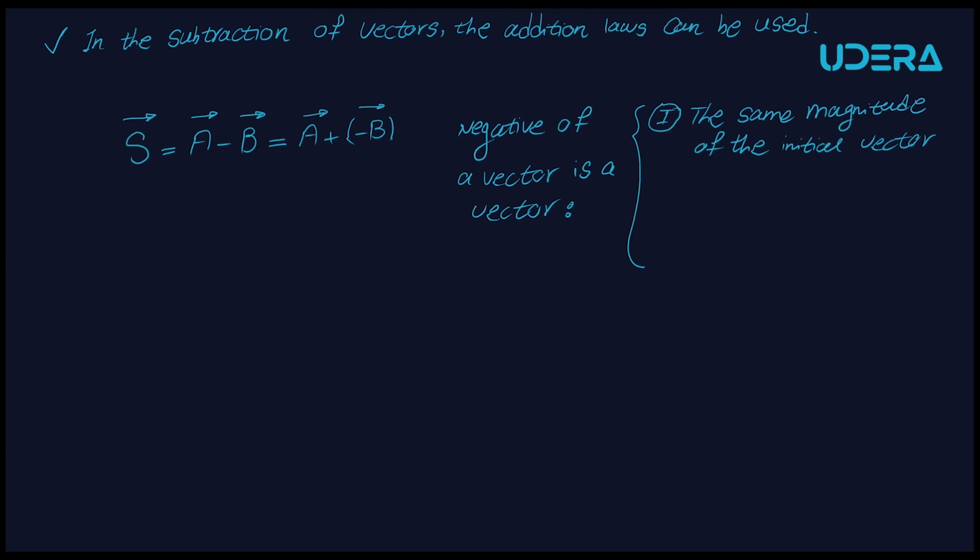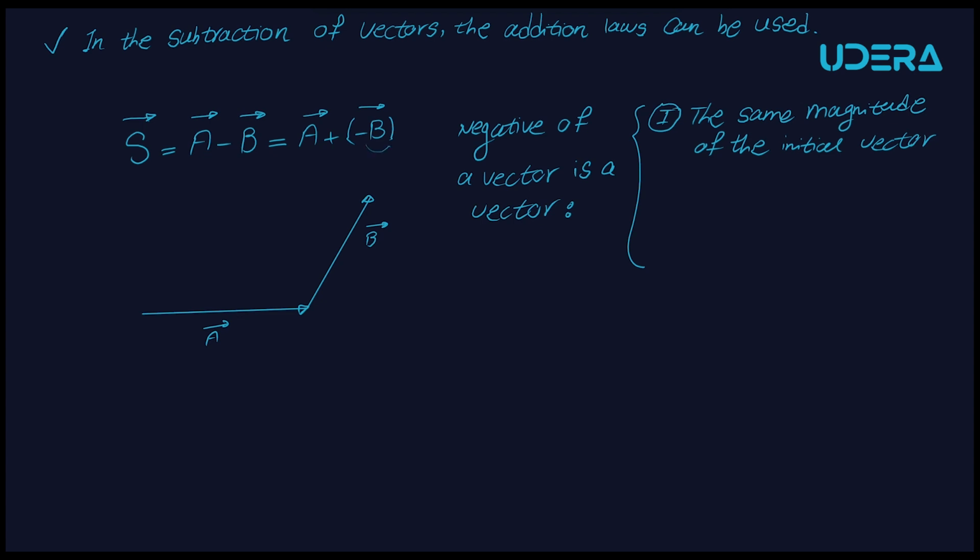So in the case of vector B, if this is vector A and this is vector B, the negative of vector B has the same magnitude.